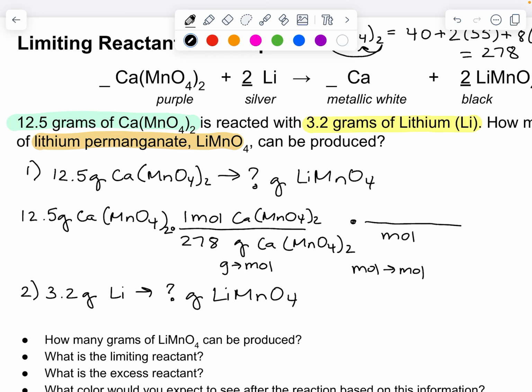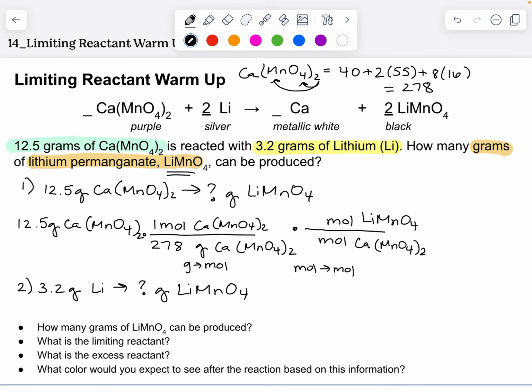I want moles of my calcium permanganate on the bottom. And then I'm going to want moles of lithium permanganate on the top because that's what my problem asked me for. So where do I find those? I'm going to go up and look and see that, okay, calcium permanganate, I only have 1 mole because there's only a 1 as a coefficient. With my lithium permanganate, though, I have 2 moles in my reaction, so we're going to have a 2 here.